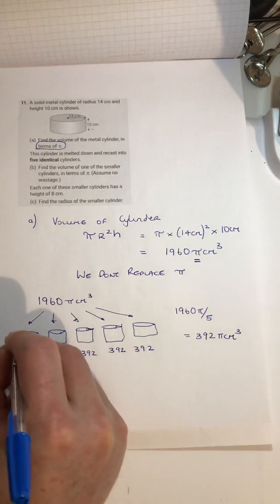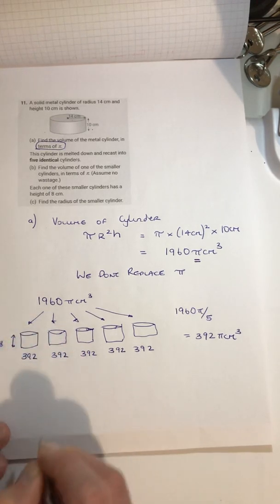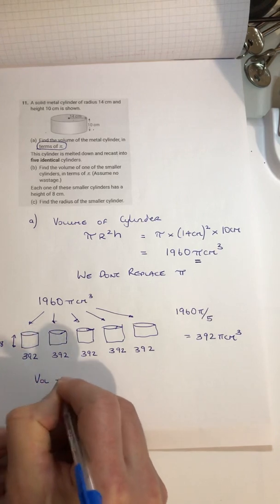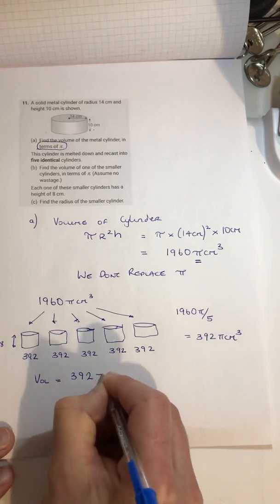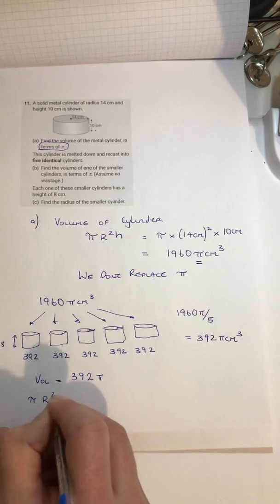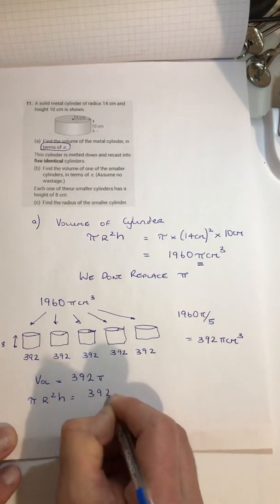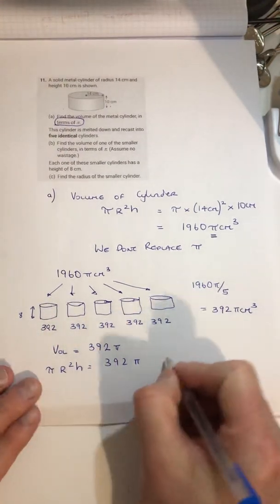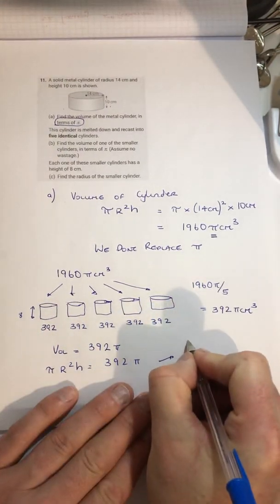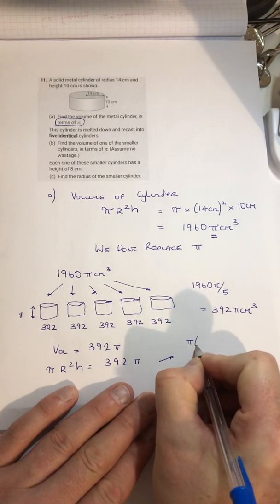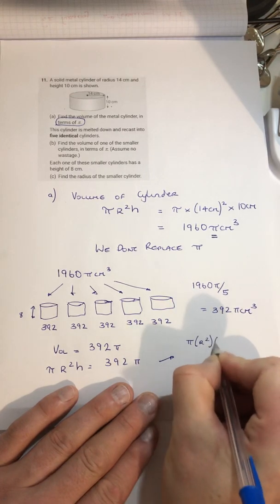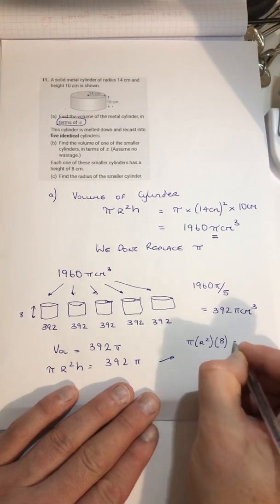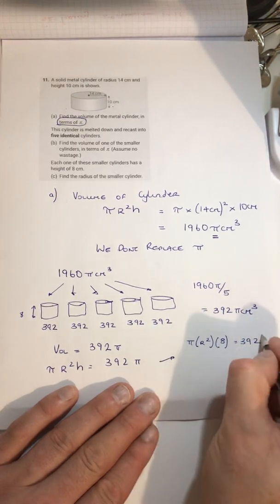Now each one of these cylinders has a height of 8. So the volume again is equal to 392 pi. So pi r squared h is equal to 392 pi. We know pi, we know the height is 8, and we want to find the radius. So pi r squared times 8 is equal to 392 pi.